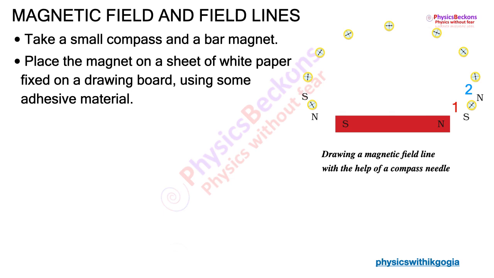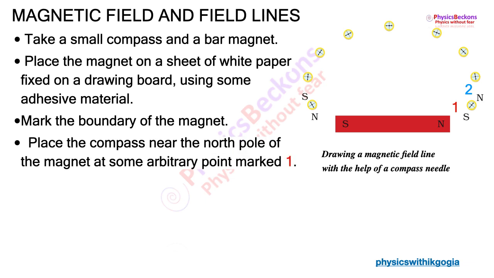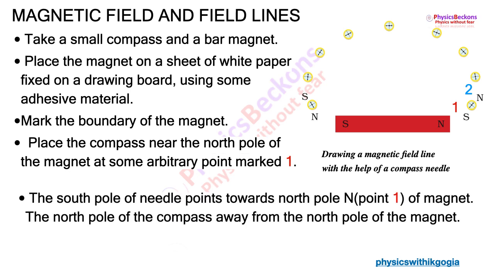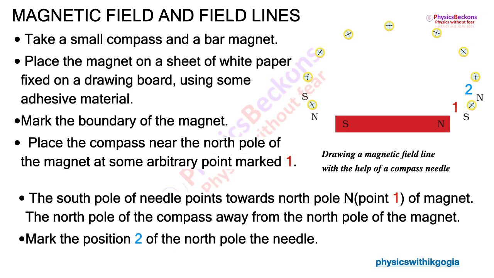They affect the magnetic field and hence our study. Mark the boundary of the magnet. Place the compass near the north pole of the magnet at some arbitrary point marked 1. The south pole of the needle points towards the north pole N of the magnet, that is, point 1. The north pole of the compass will point away from the north pole. Mark the position of the north pole as point 2.